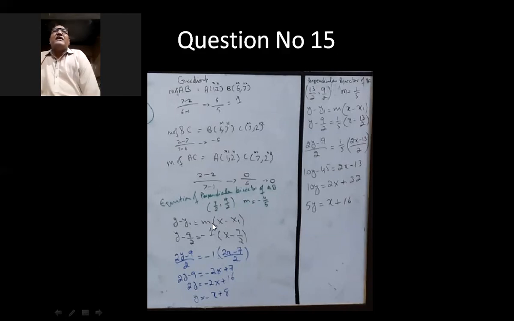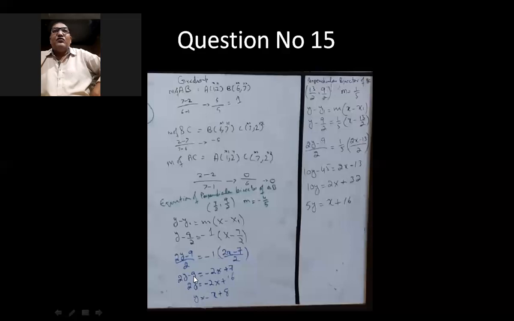y minus y1 equals m bracket x minus x1. So y is 9 by 2 equals the gradient of the perpendicular, minus 1, bracket, and the x1 will be 7 by 2. So take the LCM here. You will have 2y minus 9 upstairs over 2 equals, here you can take the LCM, 2x minus 7.